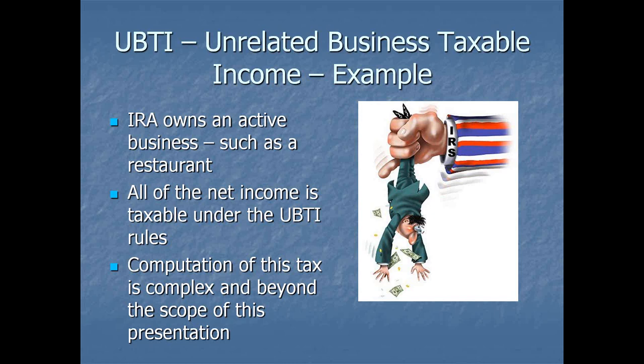But you also get some other things. You're going to get depreciation and charitable donations and interest expense and all of the other expenses that you would get as if you were running this as a fully taxable corporation. So you've got to go through all of those rules and all of those computations and do the allocations to come up with what your UBTI is going to be.